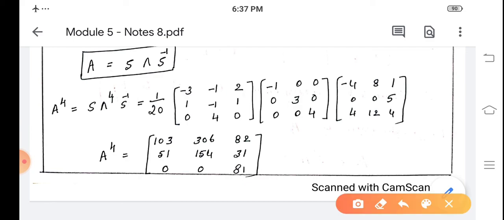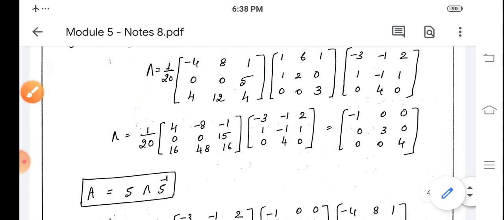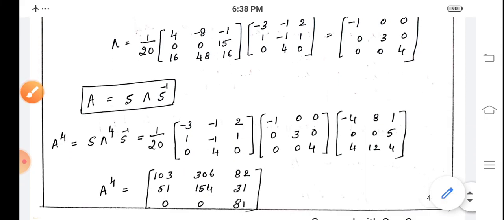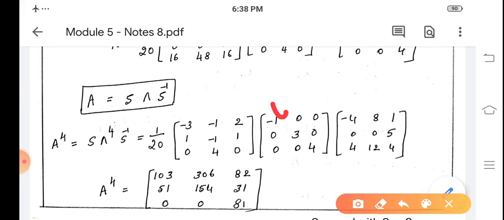Since we require A^4, it is S Lambda^4 S inverse, that is S, the eigen matrix with columns (-3, 1, 0), (-1, -1, 4), (2, 1, 0), into Lambda^4. Lambda^4 is (-1)^4, 0, 0, 0, 3^4, 0, 0, 0, 4^4.